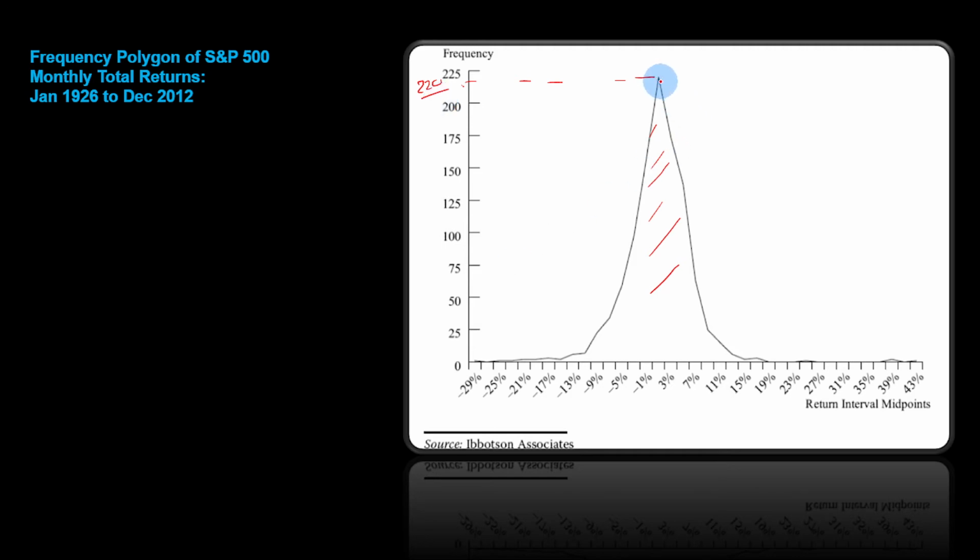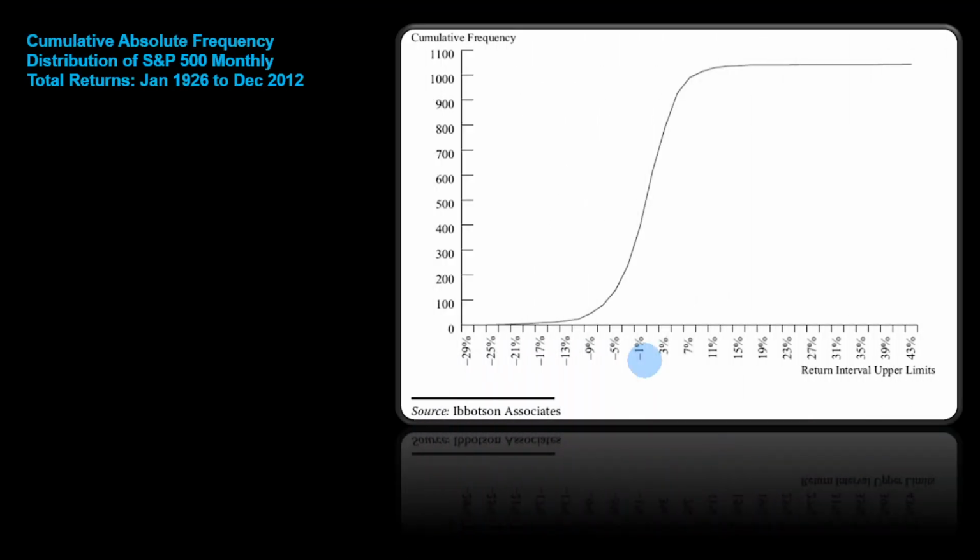If we connect it all the way down here, we should read 1%, because that is the midpoint between 0 and 2%, the interval that contained the most returns, 220 monthly outcomes. Now the last chart would be the cumulative absolute frequency graph.